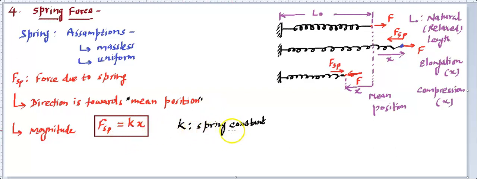Now K is the spring constant. It is given to us. It's also called stiffness constant, or stiffness of the spring. This is basically a constant for a given spring, but it depends on the length. So it is inversely proportional to the length of the spring.